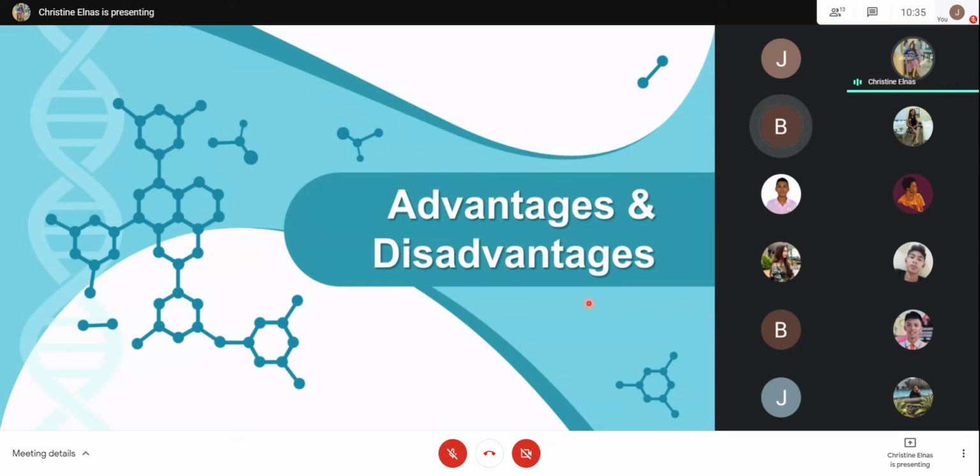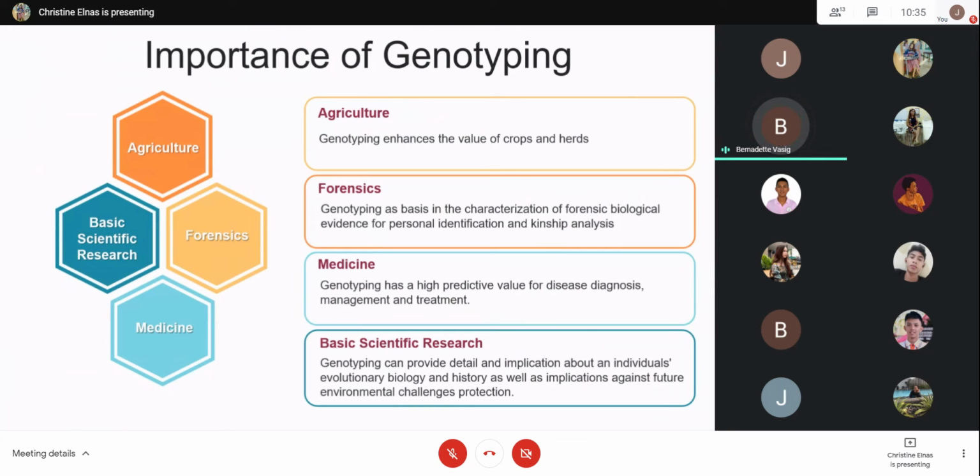Okay, next, can you relate it to COVID-19 genotyping? Some of the genotyping methods, ma'am, are used in making vaccines and in diagnosis, like RT-PCR.